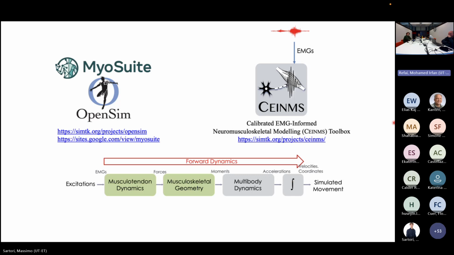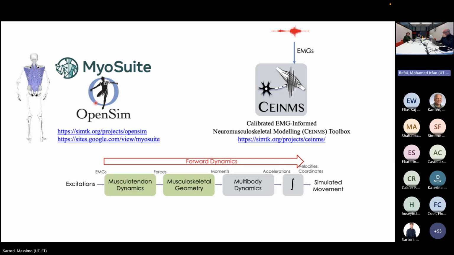So essentially CEINMS works by measuring EMGs and processing EMGs directly within the CEINMS pipeline. And then we use frameworks such as OpenSim or MyoSuite to essentially define musculoskeletal geometry.